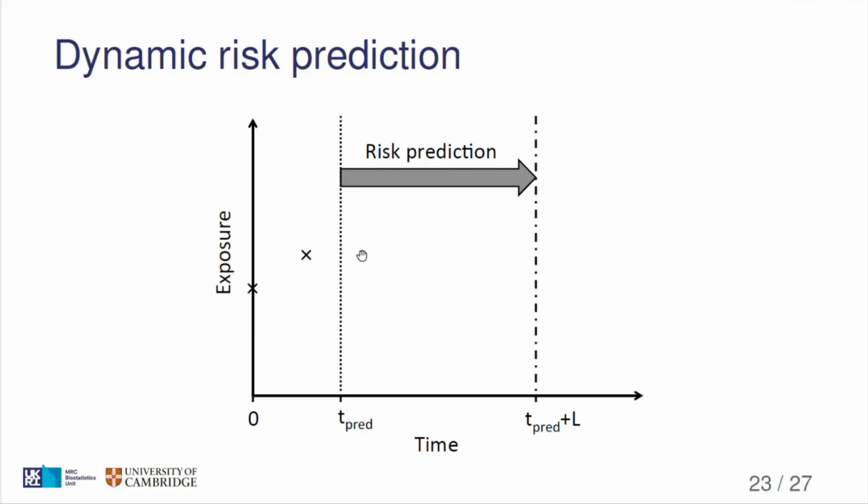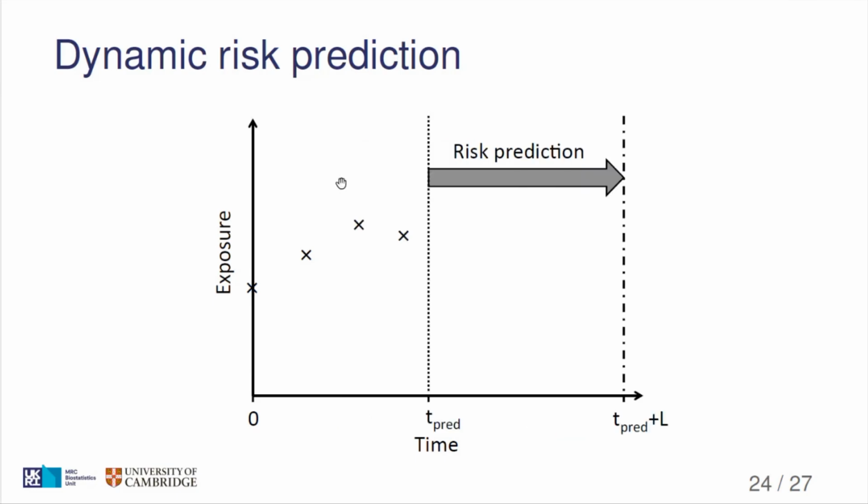But as time goes on, you accumulate more measurements for that person, and they haven't had the event yet at this later time point, so you want to update your risk prediction, making use of all that history of information. As time goes on, you may want to predict risk again at a later date. Now you have even more measurements to use, and you update your risk prediction again for that person.